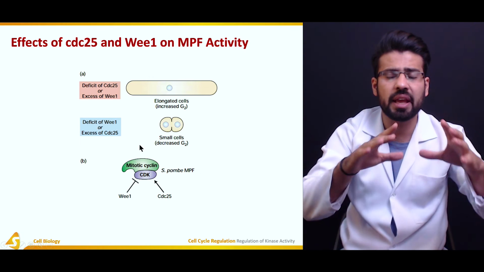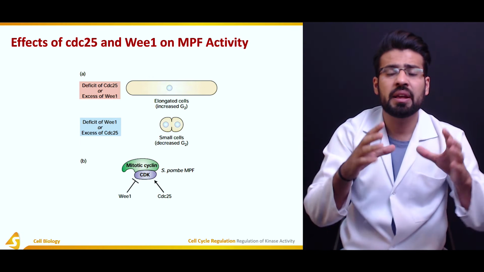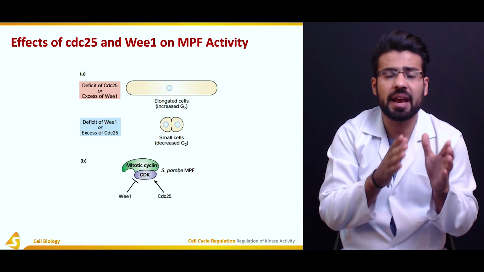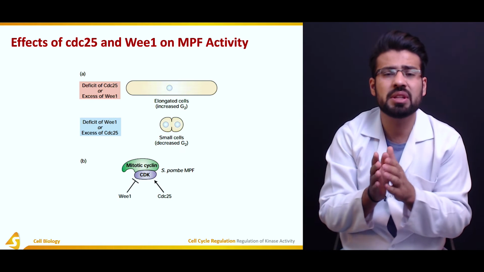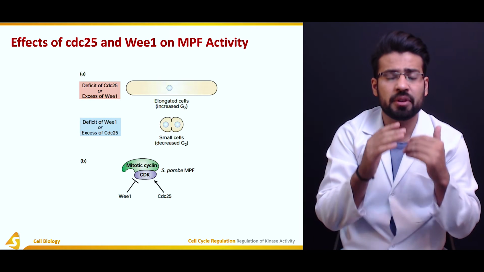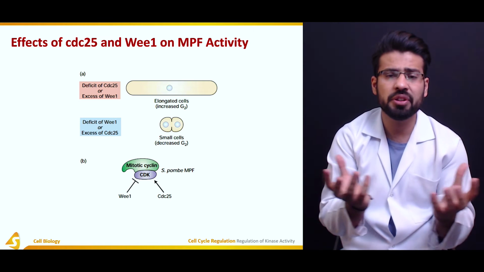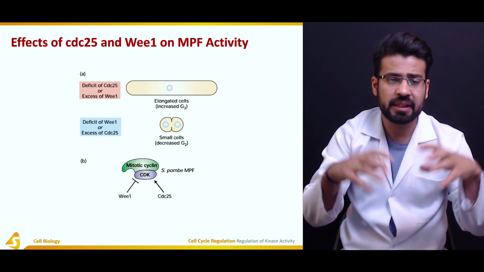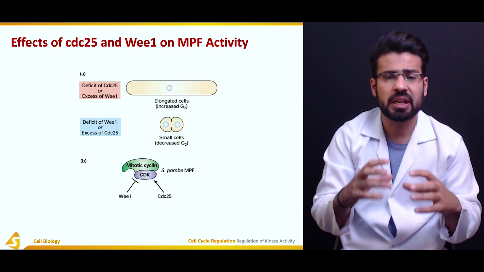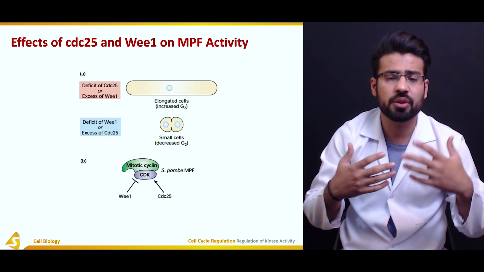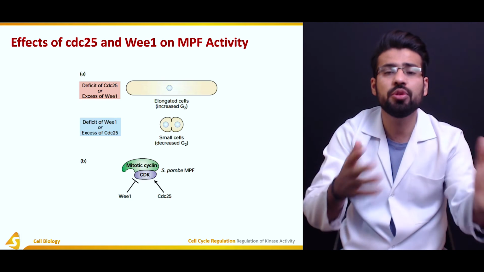Usually when M-cyclin is produced, it needs to be held back for a while so that the cell takes up nutrients from the environment, so that continuous growth takes place and there is a smooth transition.